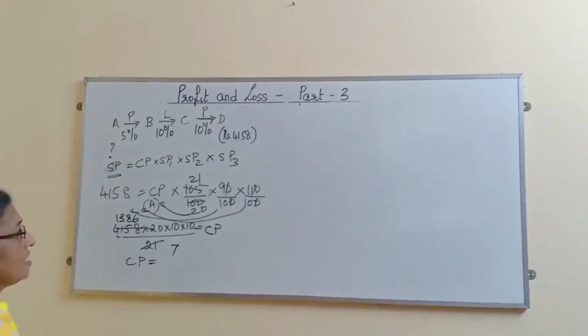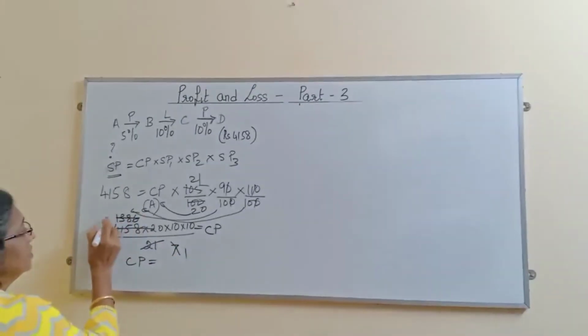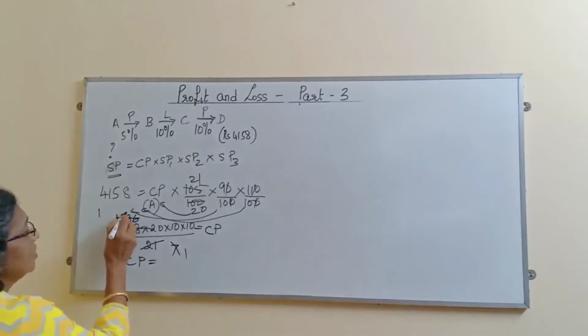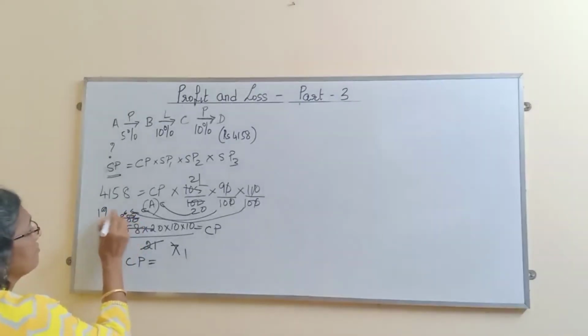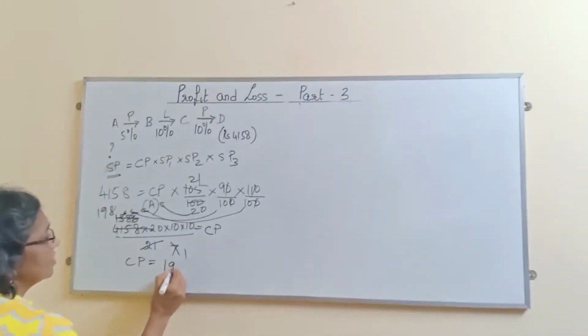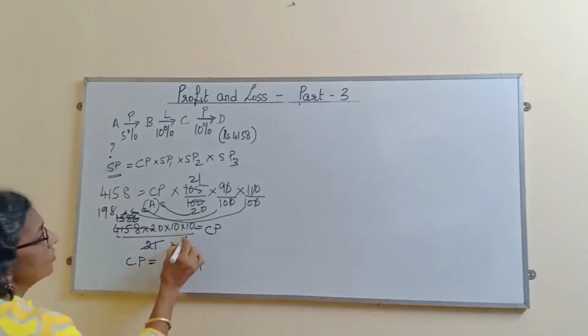Is this divisible by 7? Let's see. 7 ones are 7, carry 6, 7 nines are 63 and 7 eights are 56. So what you get is a 9 into 100.